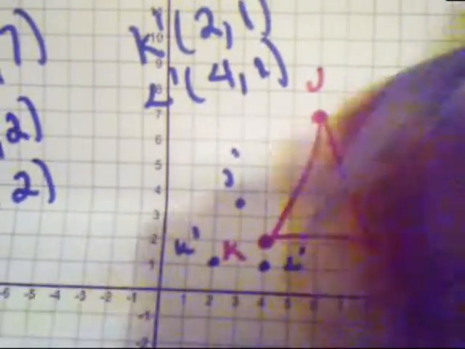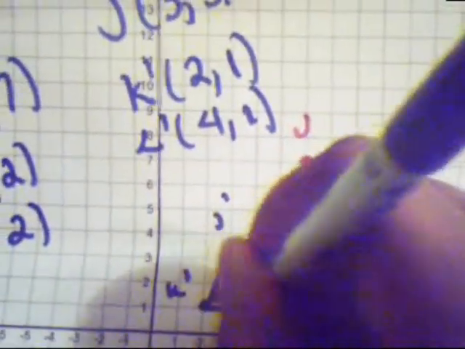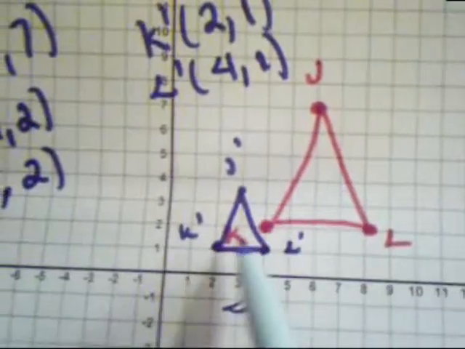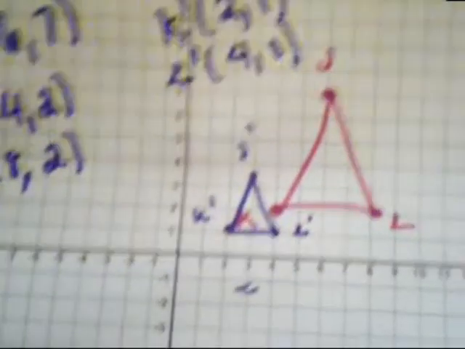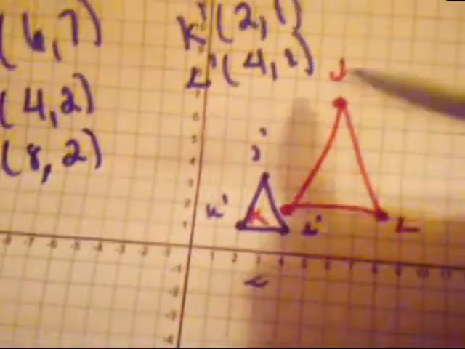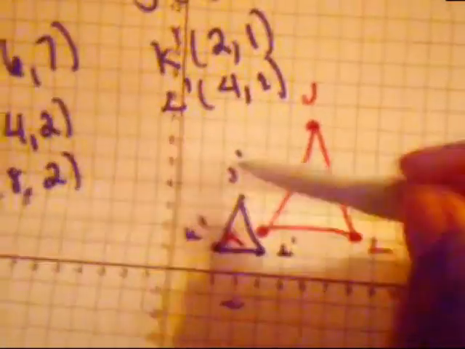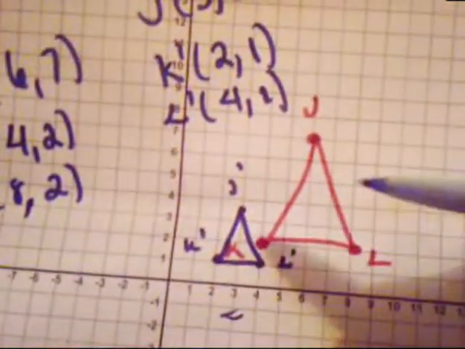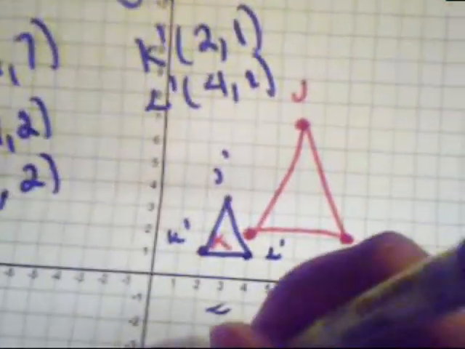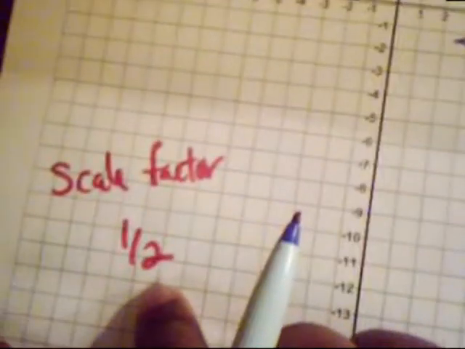So there's L prime. So guys, there's your triangle. And look how much smaller it is. It's about half the size of your original triangle. So what used to be JKL is now J prime, K prime, L prime. And it is much smaller, or a reduction, based on the scale factor, because our scale factor was less than 1.